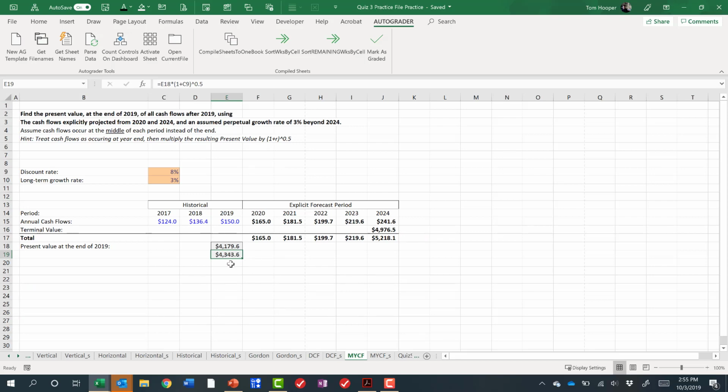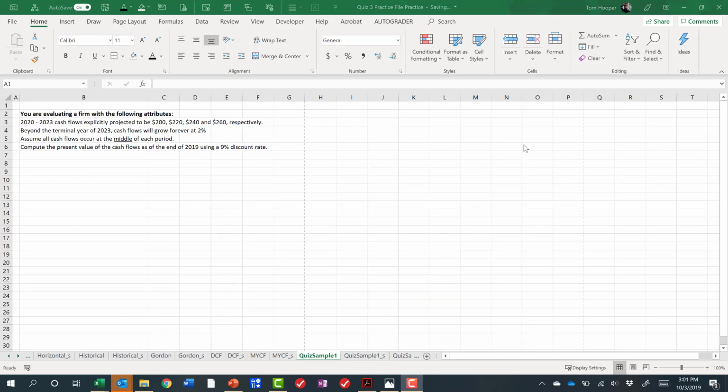So the 4343.6 is the correct answer here. This might be something you could expect on the quiz, where I give you a word problem that tells you that we have forecast explicitly some cash flows for the next 4 years. And after that, we want to assume that cash flows grow forever at a certain rate, and assume that all the cash flows are occurring in the middle of each period.